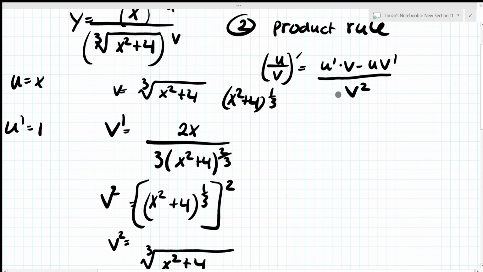So we're going to use the quotient rule, u prime times v minus u times v prime, all over v squared.